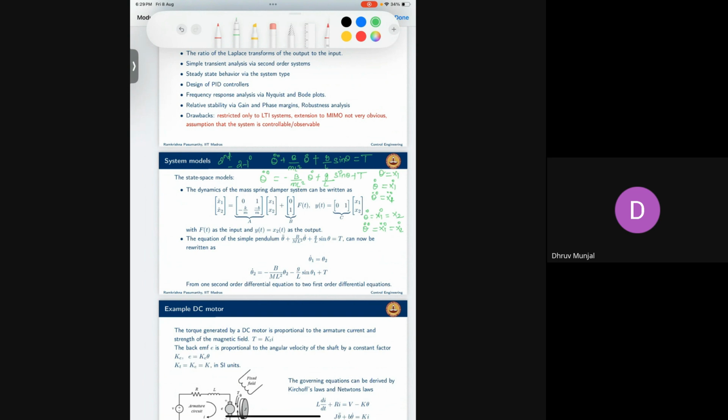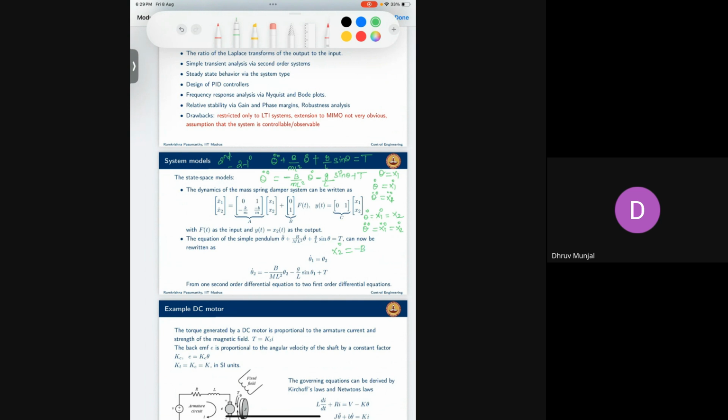Now just replace this theta with whatever variable you have assigned so far. Theta double dot is x2 dot. I want it to be minus g by l sine theta. Yeah, right, it's minus g by l. Sometimes I will make these mistakes. Let me know, okay? Right, good, thanks.